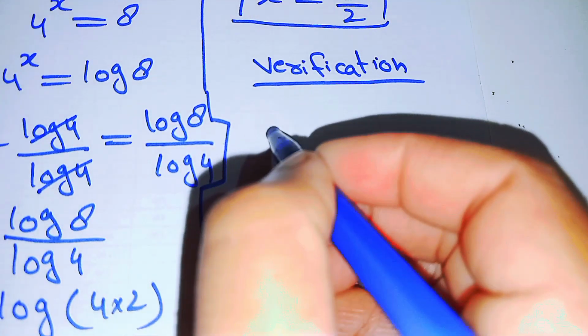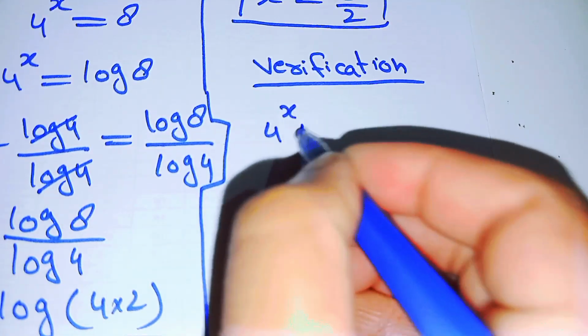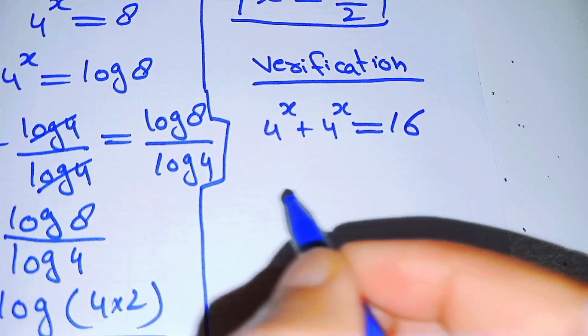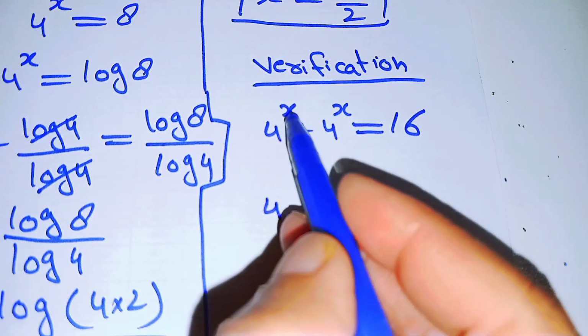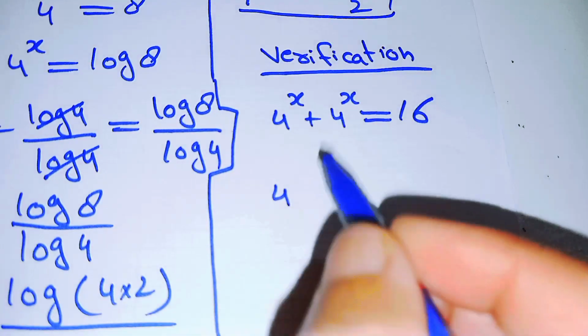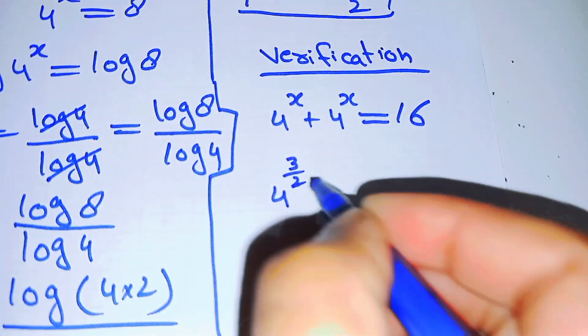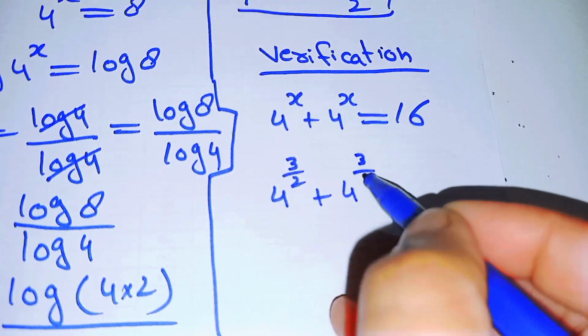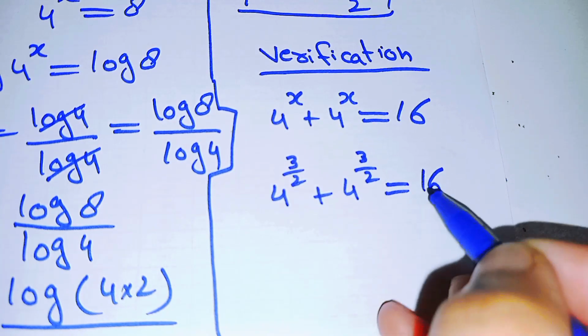Now we put in the value of x, which is 3 over 2, so 4 to the power 3 over 2 plus 4 to the power 3 over 2 is equal to 16.